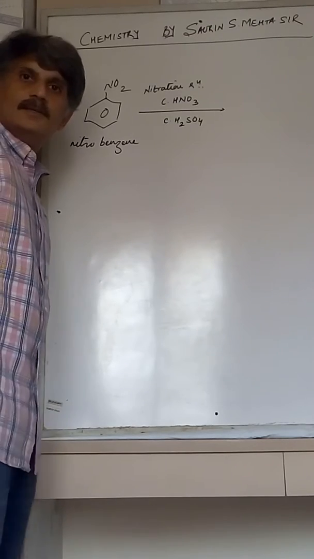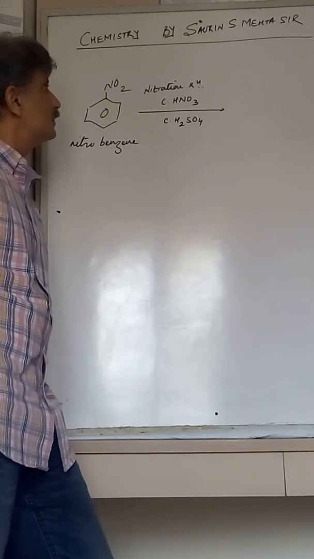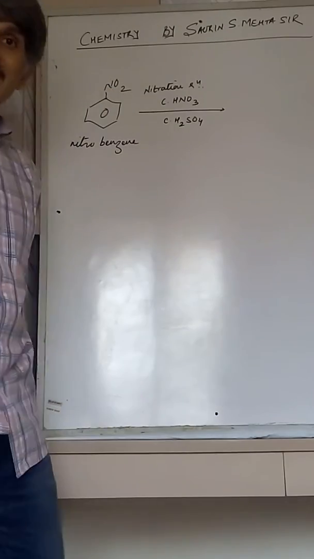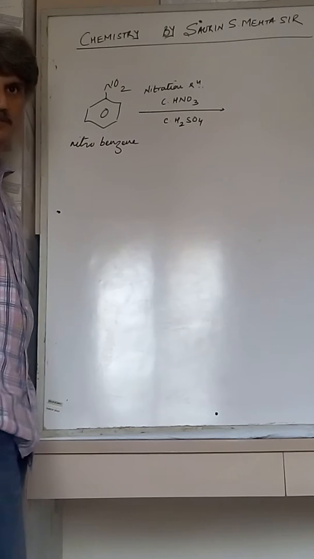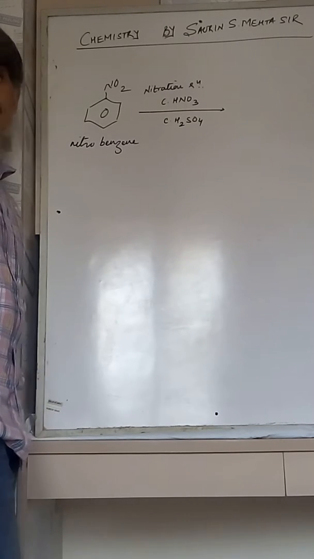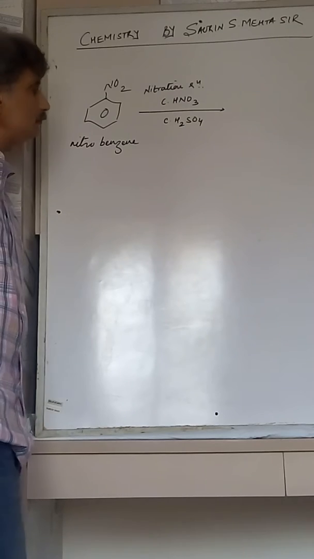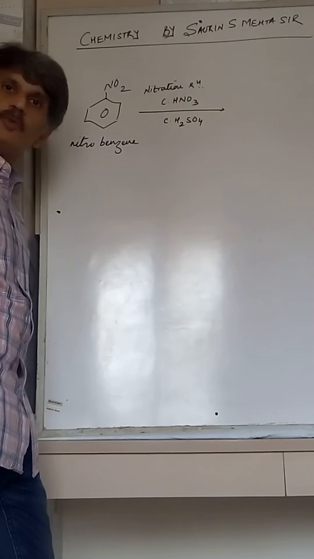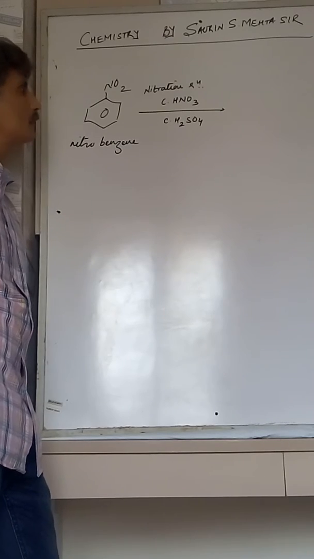Now in this reaction you can see the nitro group is already existing in nitrobenzene. So when nitration reaction is carried out, at that time the nitro group will be formed.